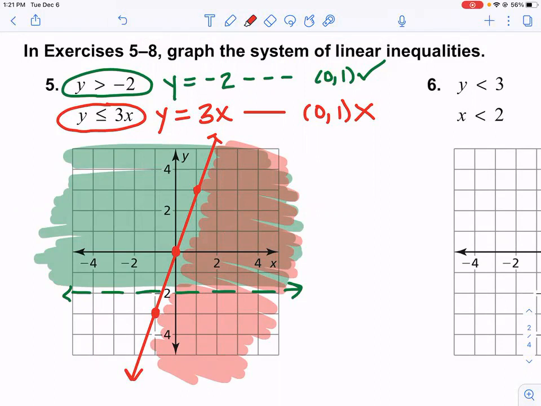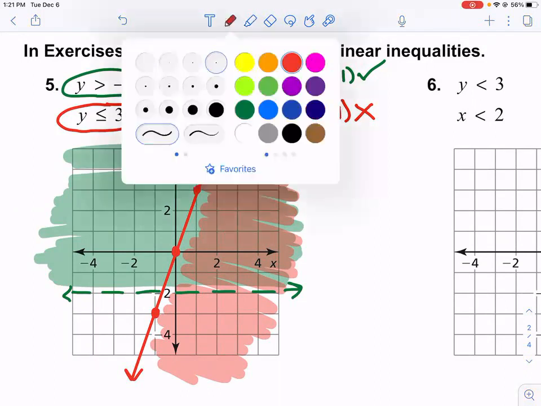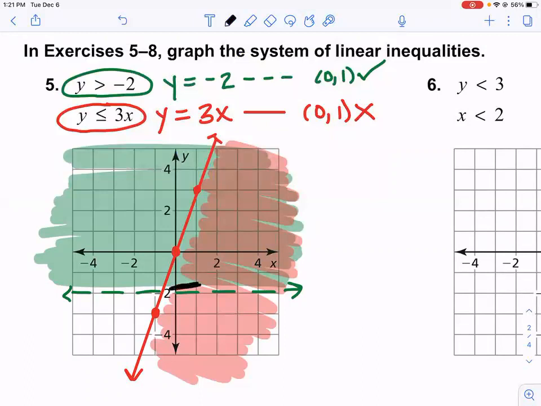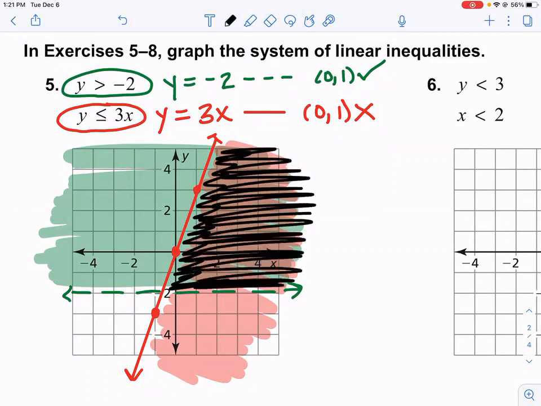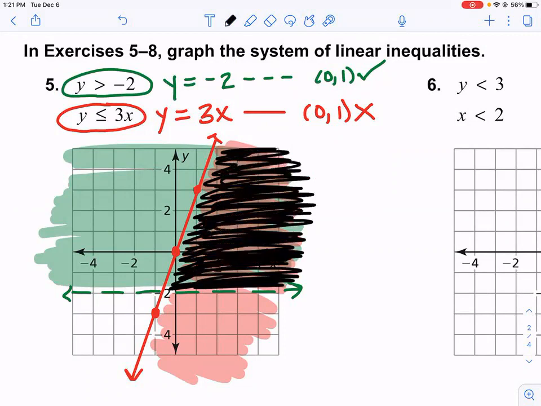Okay. So since we shaded really lightly, we now can darken our shading in the overlap. Where I am coloring black, that is our overlap. That is our solution set. All of those coordinates satisfy both inequalities. The green shading satisfies our first inequality.